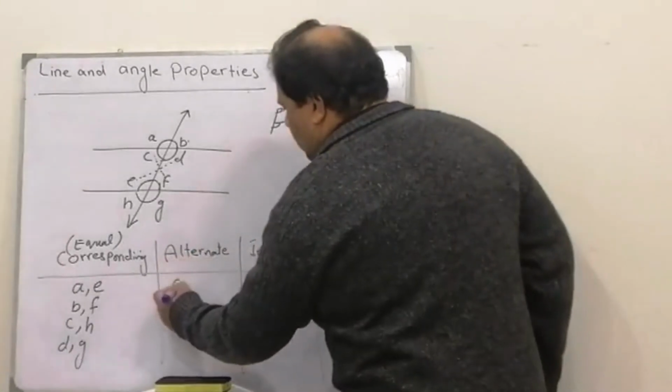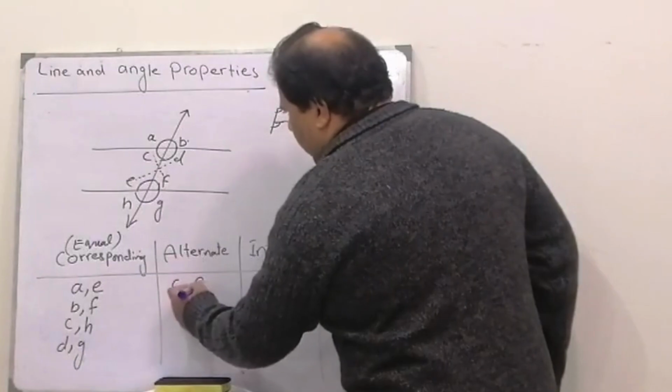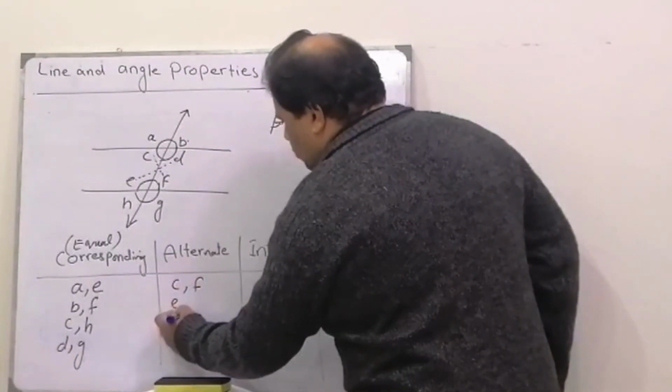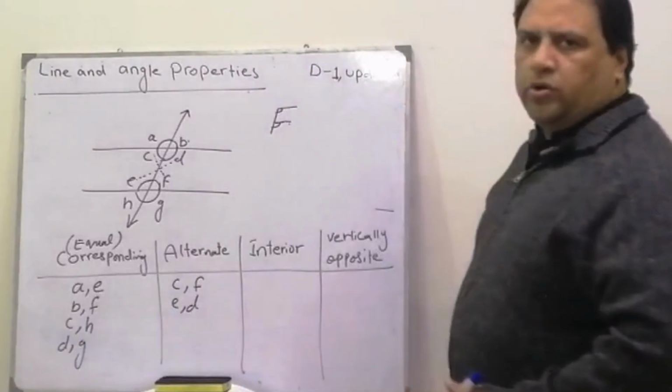The alternate angles inside the lines are also known as interior alternate angles.